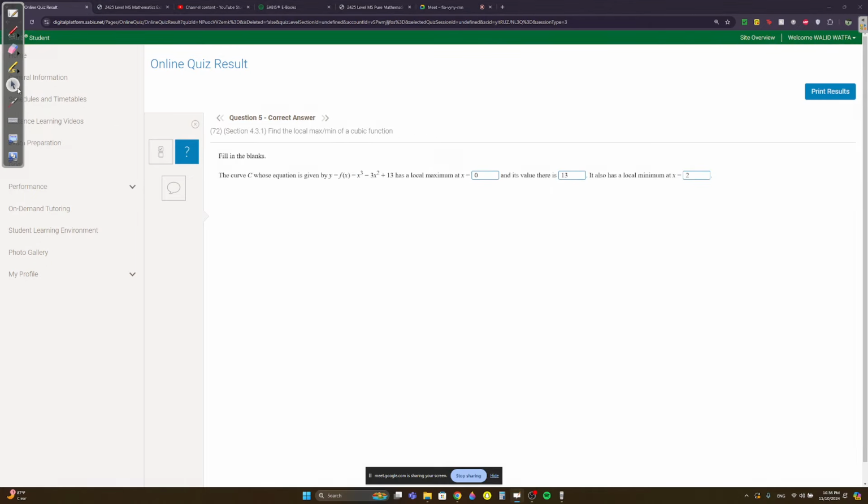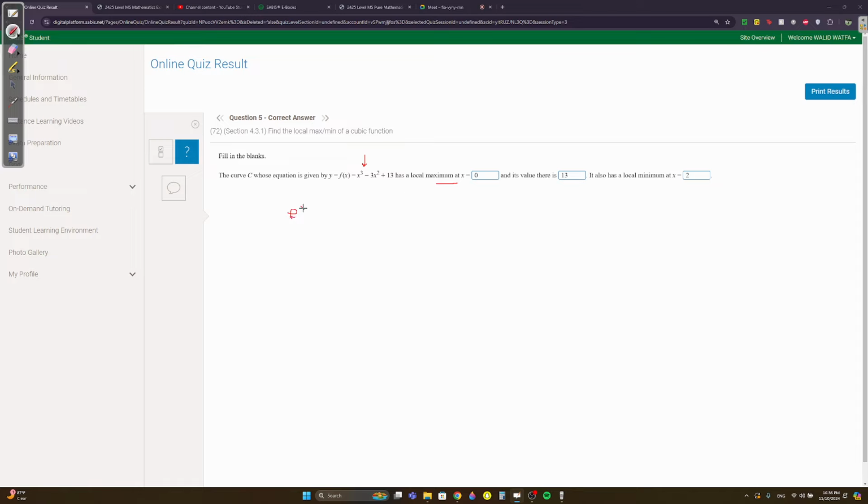Here they gave you the curve, and they want to know the maximum. Its value there is 13. They want your stationary points, maximum, minimum.